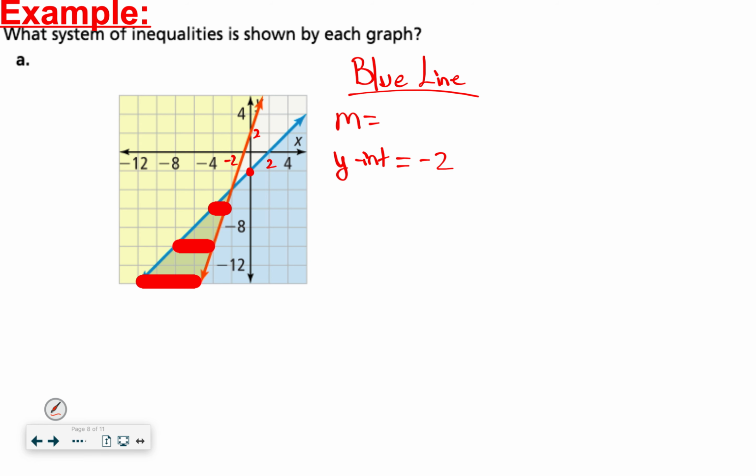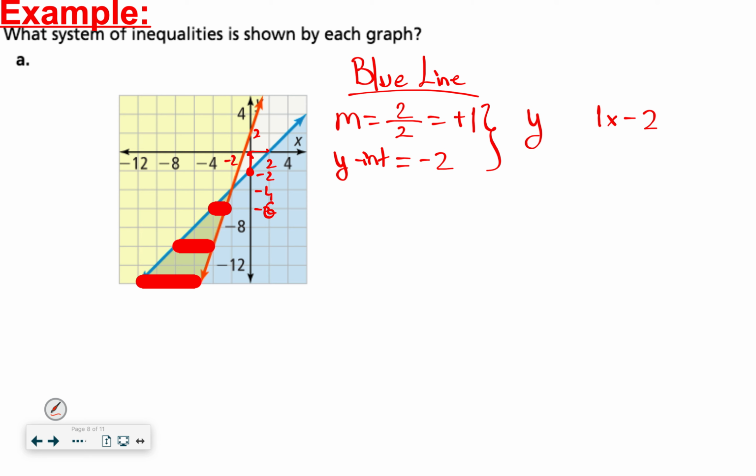Be careful, as I told you, these are increased by 2 by 2. And slope is rise over run, 2 units up, 2 units right, 2 divided by 2 is equal to positive 1. So we can write the equation like y is equal to 1x minus 2.